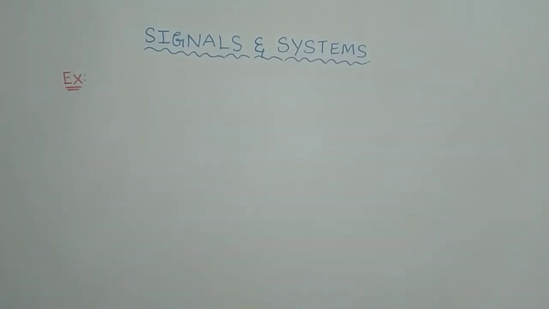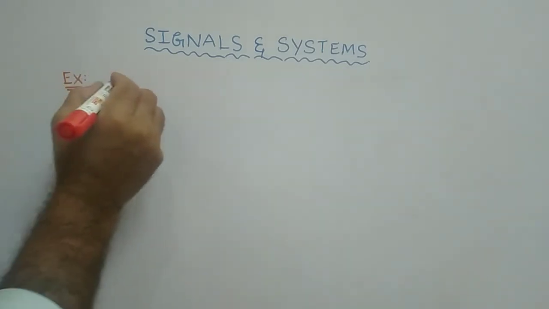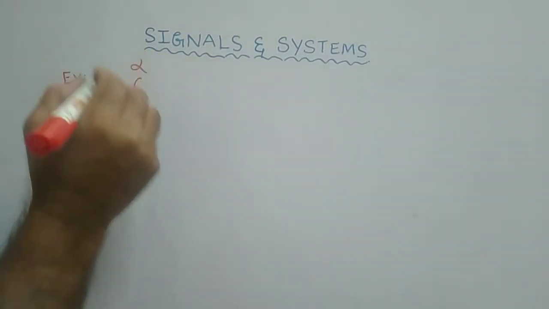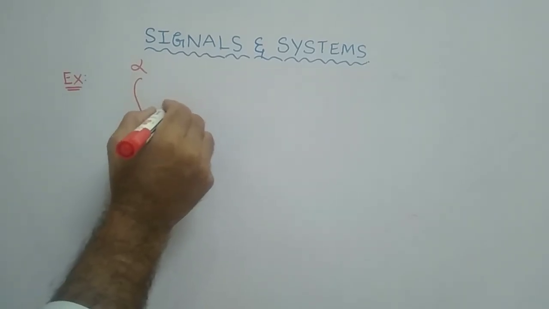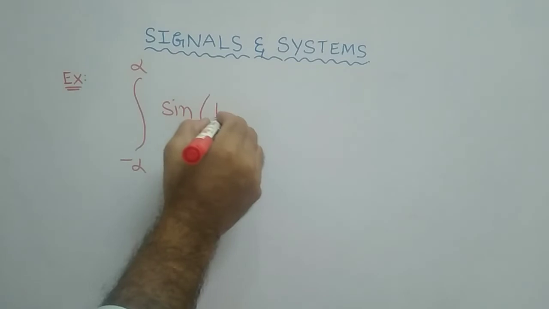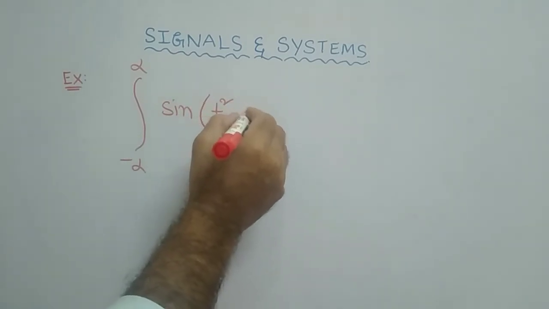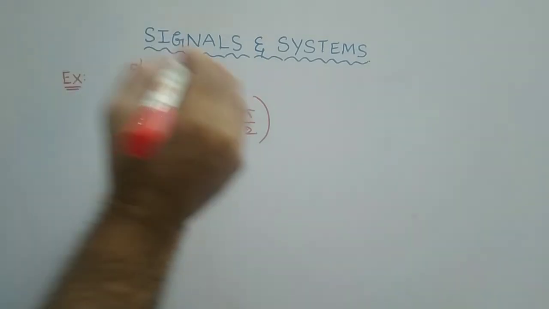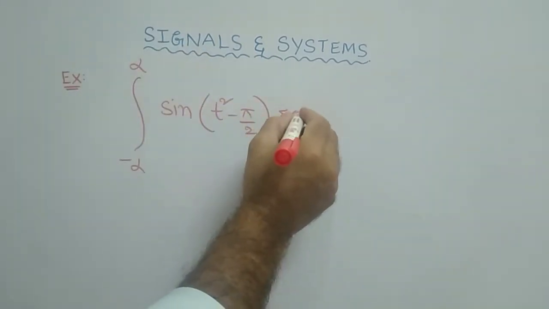Right? And similarly, you can evaluate one more example. Minus infinity to plus infinity. Let us try this. It is sine of t square minus pi by 2 into delta of t dt.